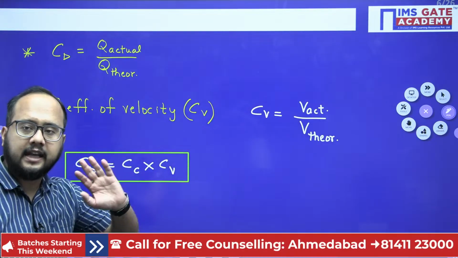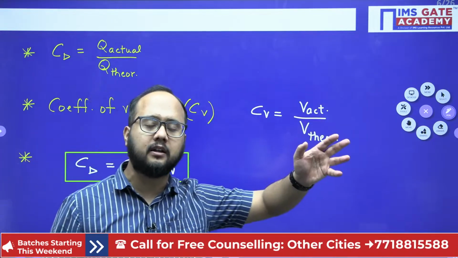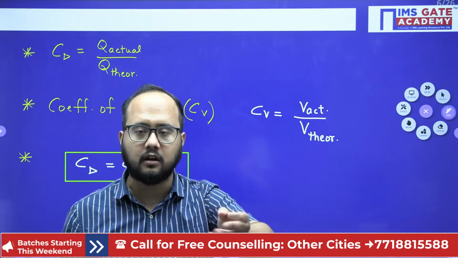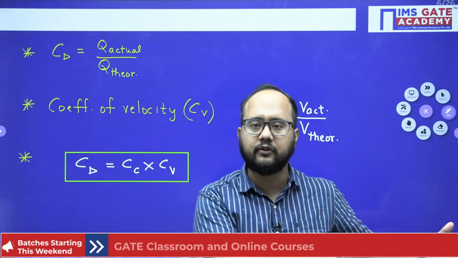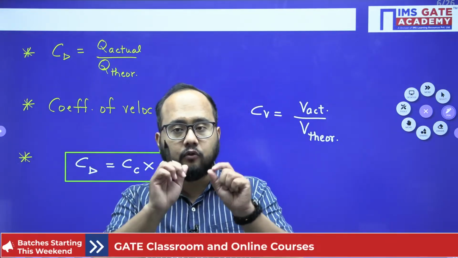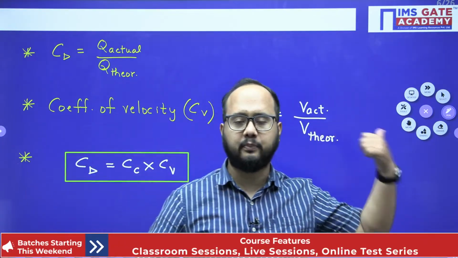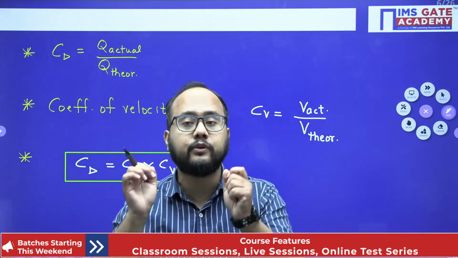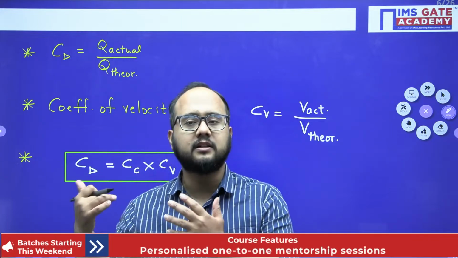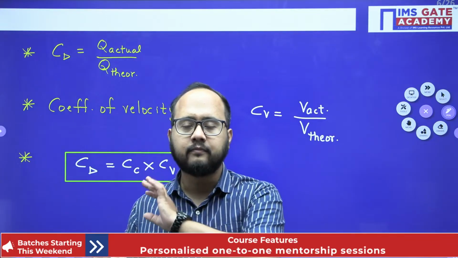See, the same kind of derivation we did for the Venturimeter is also involved in the Orificemeter, so we are not doing it again, because we have already done it for the Venturimeter, correct? If you want to see the derivation, you can watch the previous lecture on the Venturimeter, where we did the detailed derivation of the coefficient of discharge and the theoretical discharge formula.